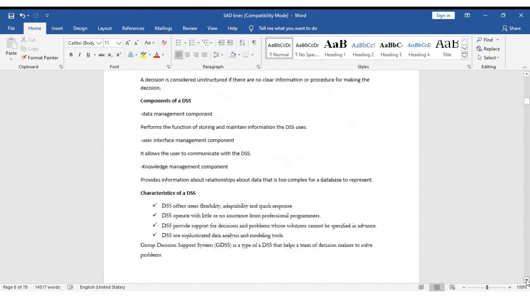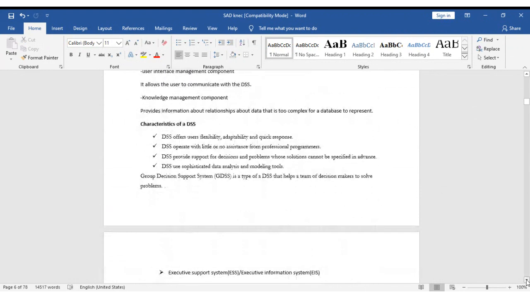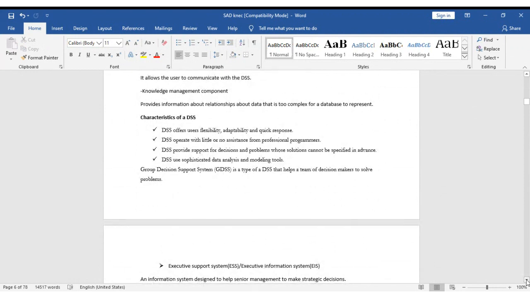Characteristics of a DSS. It offers users flexibility, adaptability, and quick response. It operates with little or no assistance from professional programmers. It provides support for decisions and problems whose solution cannot be specified in advance, and DSS use sophisticated data analysis and modeling tools.